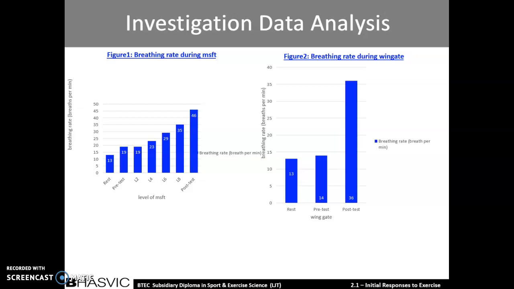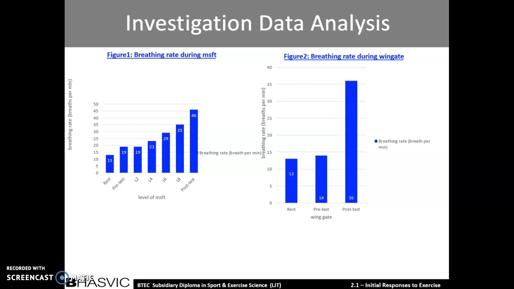This can be due to anticipatory rise, which is the response of the body preparing for exercise. As the test went on, there was a slow but steady increase from 13 to 46. The anticipatory rise from 13 to 19 in rest to pre-test shows that they were nervous or excited about doing the test.